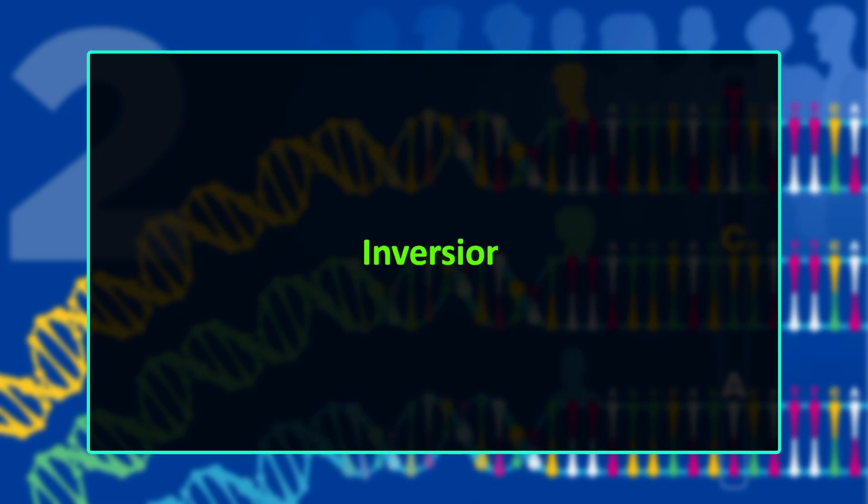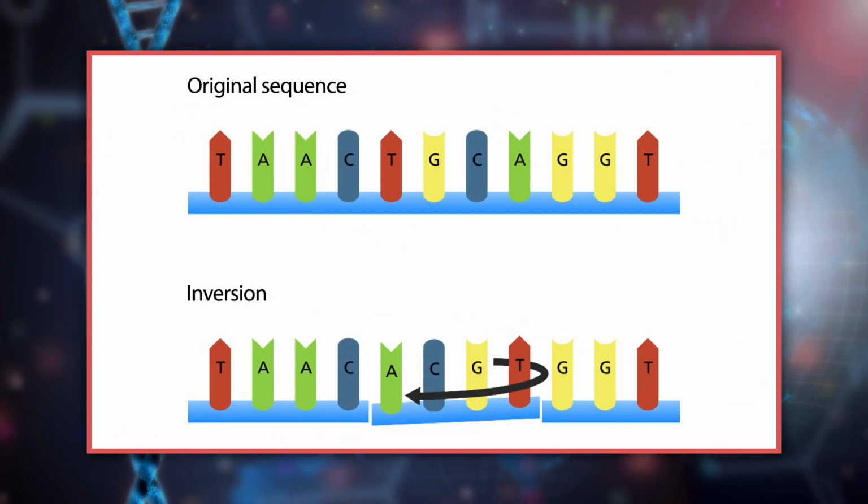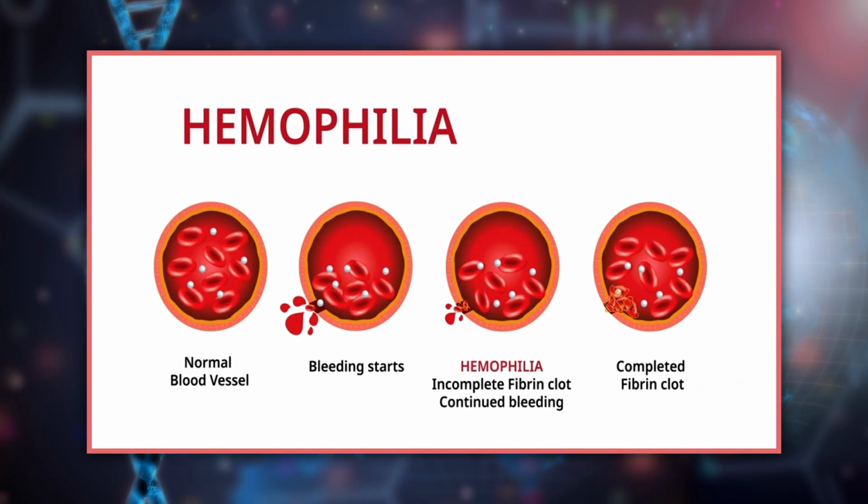Dear students, let's now discuss the inversion. An inversion changes more than one nucleotides in a gene by replacing the original sequence with the same sequence in reverse order. For example, hemophilia A, a genetic bleeding disorder, is often caused by chromosomal inversions that involve a portion of the blood coagulation factor 8 gene that encodes one of the key enzymes in blood clotting.